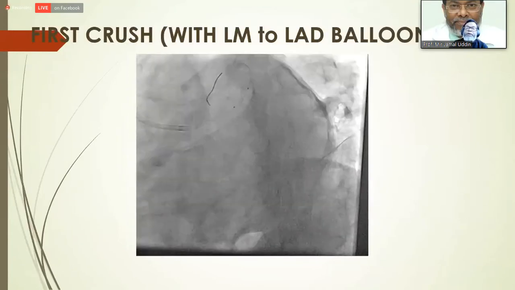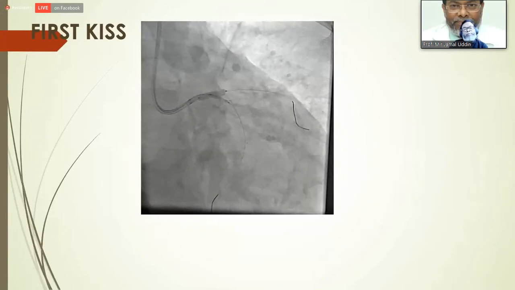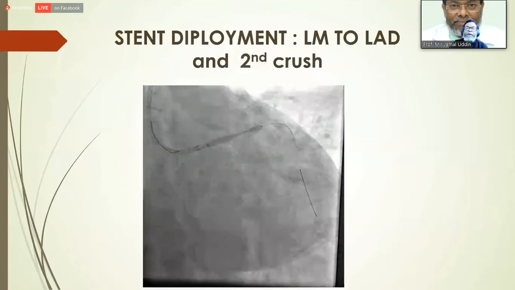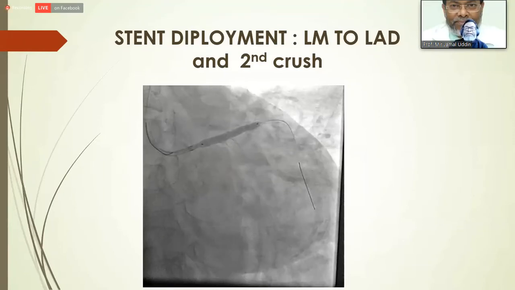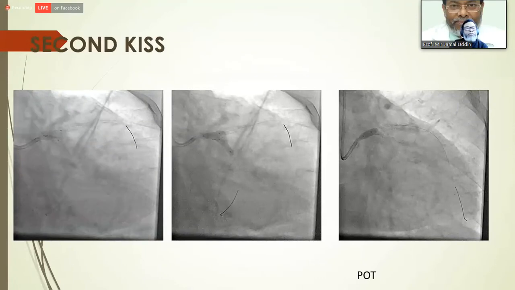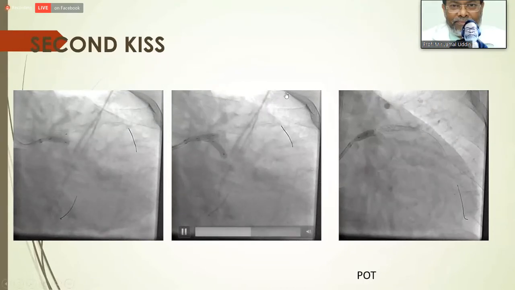And this is the balloon, stent deployed, and first kiss is done here, and then first crush, stent deployed, second crush. The first crush was done by the balloon, and this is the second crush by the stent, and recross the LCX, and we have opened up the LCX strut, and final kissing was done, and on the right panel is the report, and this is the result.